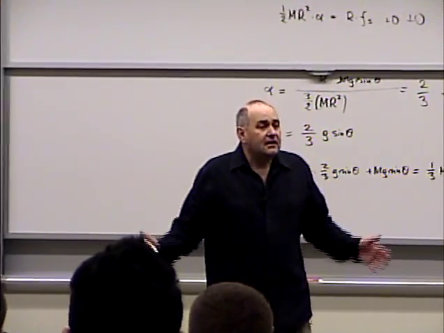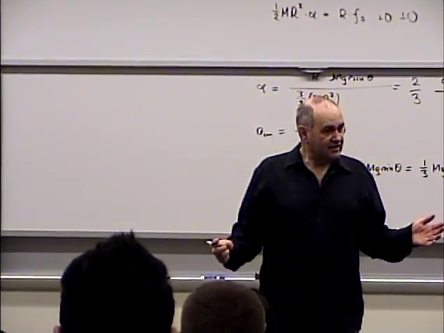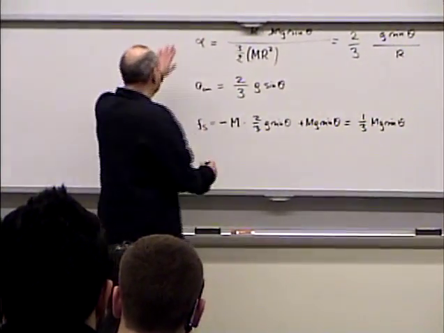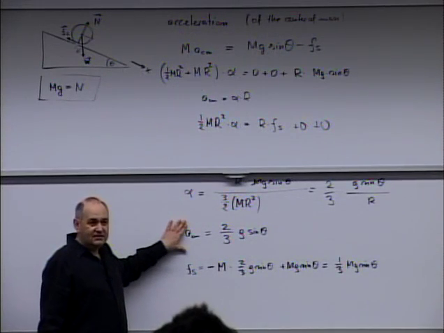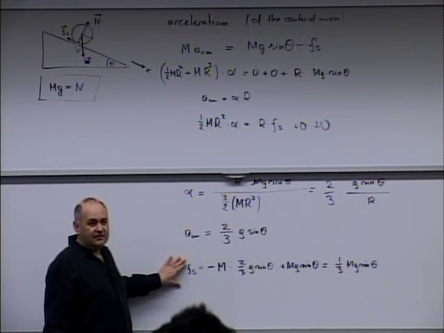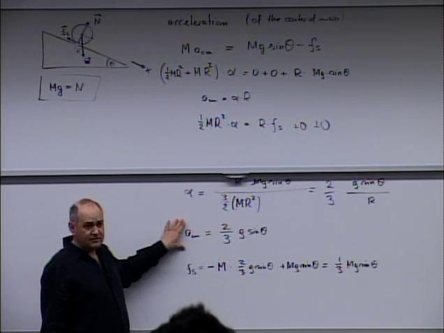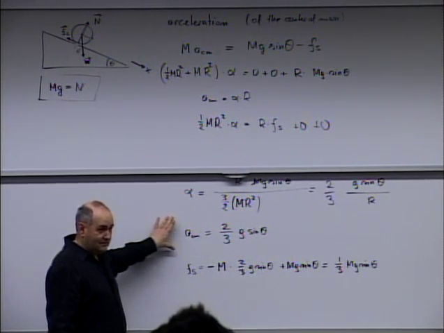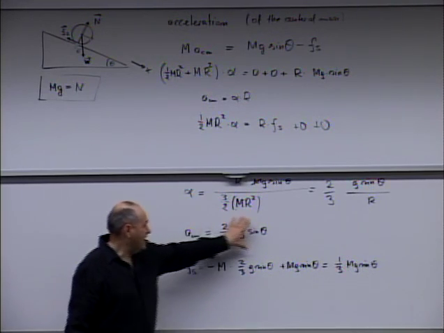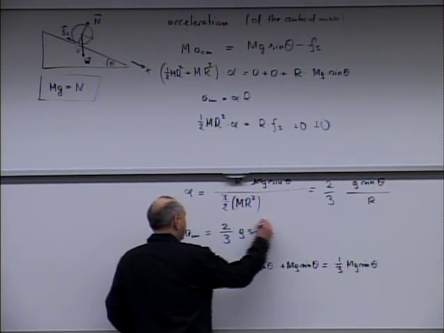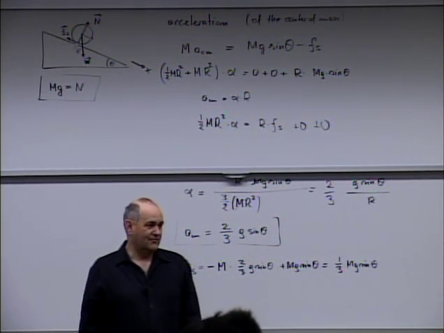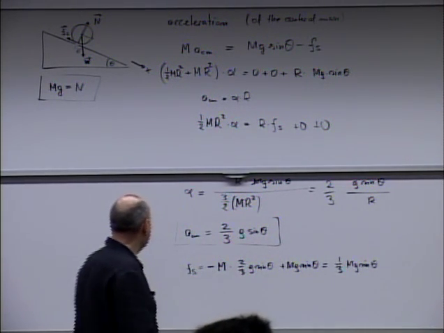So let's now review again. What did I do? How did I find angular acceleration and frictional force? Really, the original question was to find the acceleration. So here is the answer. These two were side products of that analysis.